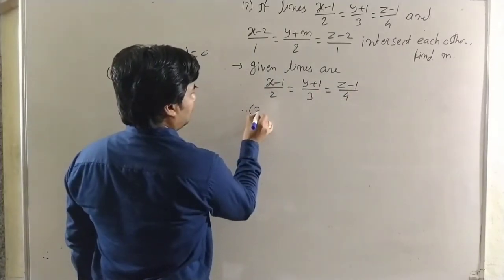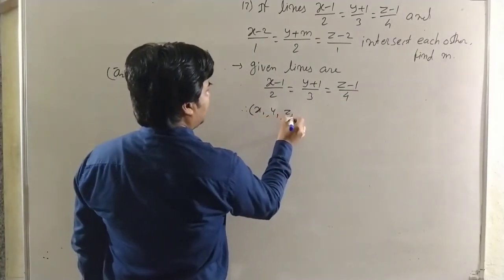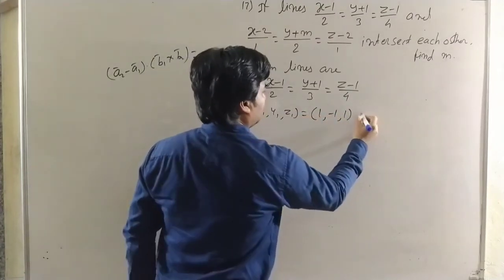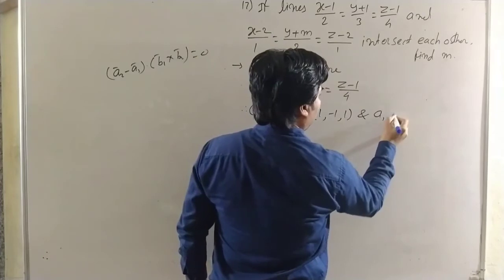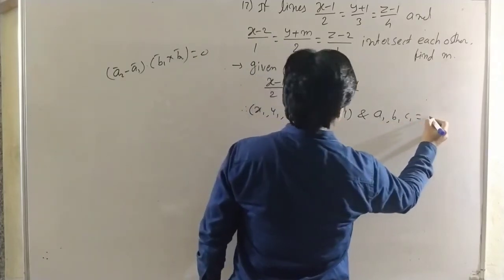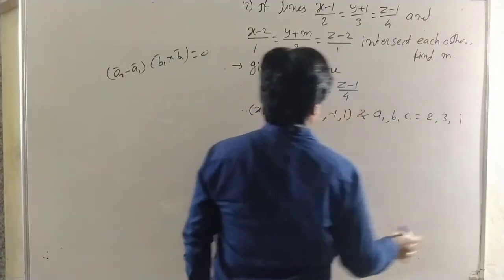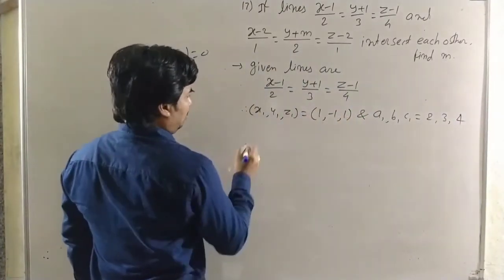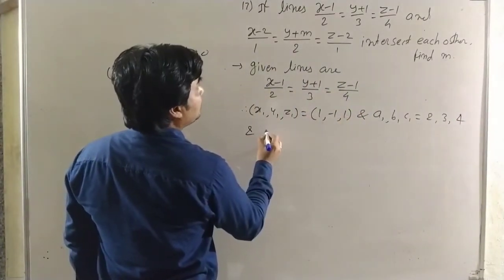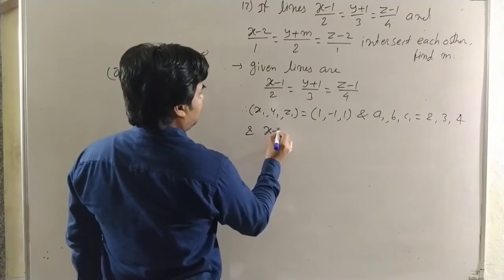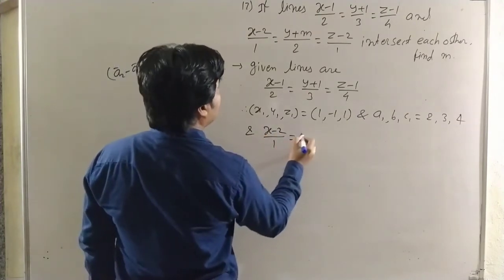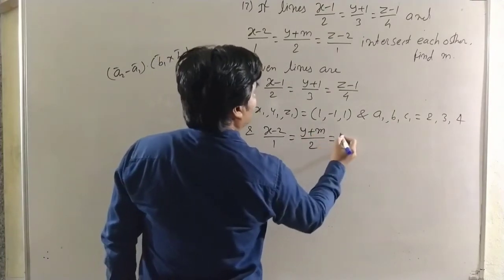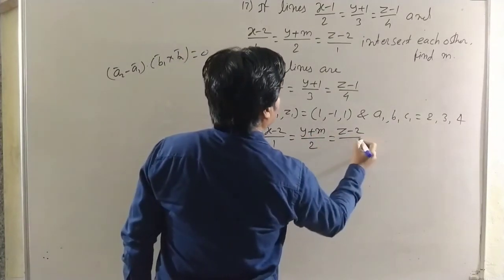Therefore x1, y1 and z1 are 1, minus 1, 1, and a1, b1, c1 are 2, 3, 4. And the second line is (x minus 2) upon 1 is equal to (y plus m) upon 2 is equal to (z minus 2) upon 1.